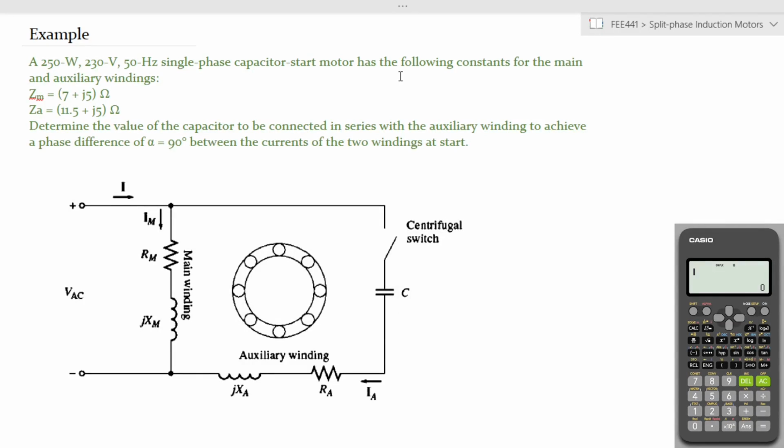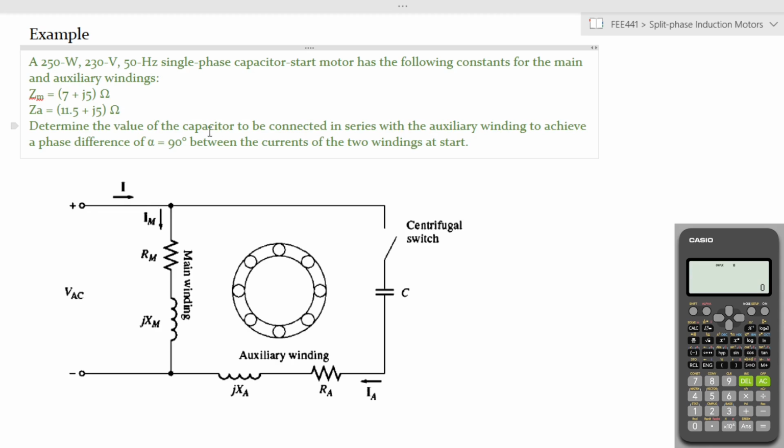Now let's look at an example of the applications of these kinds of split phase or capacitor start and run motors. So here we have a single phase capacitor start motor, which has the auxiliary windings and main windings values as indicated there, 7 plus j5 and 11.5 plus j5.